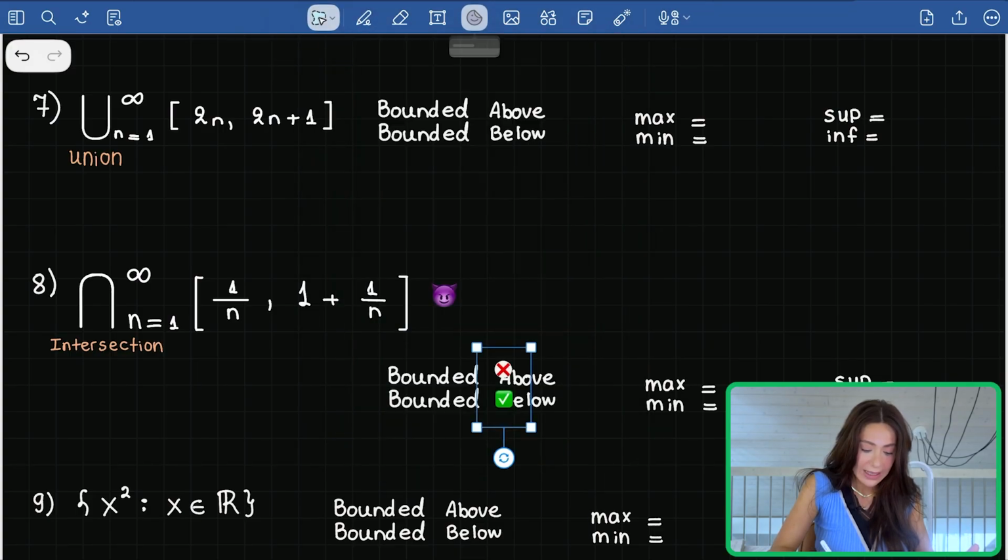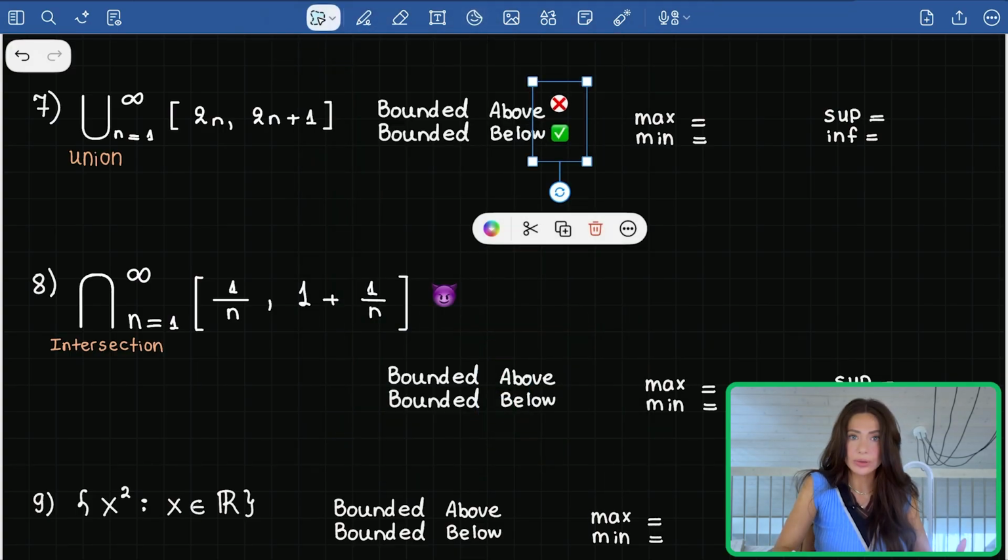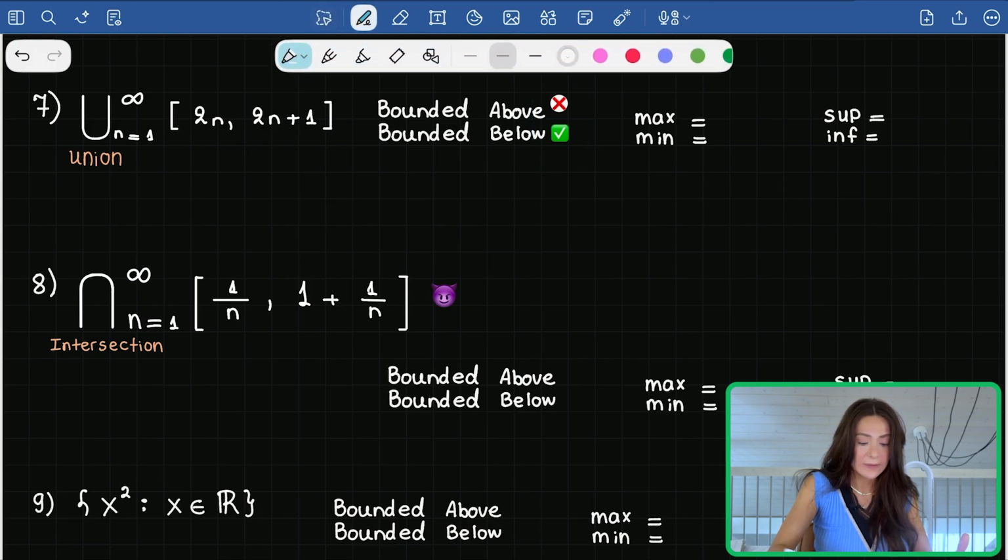And it is not bounded above. It grows to infinity. If it's not bounded above, it doesn't have any upper bound. It doesn't have sup, doesn't have max, has min, and has inf, because 2 is included in the set, because it's a square bracket.